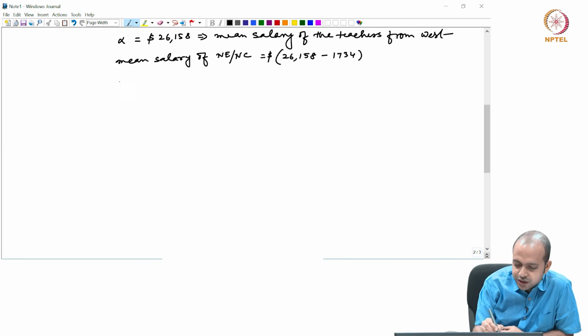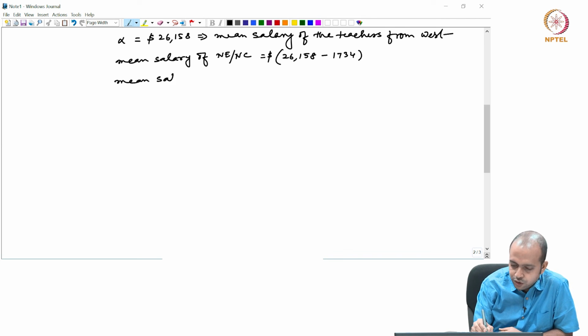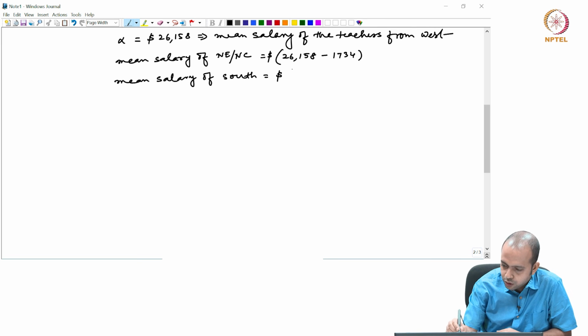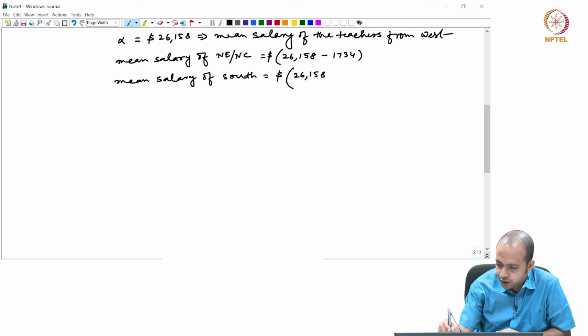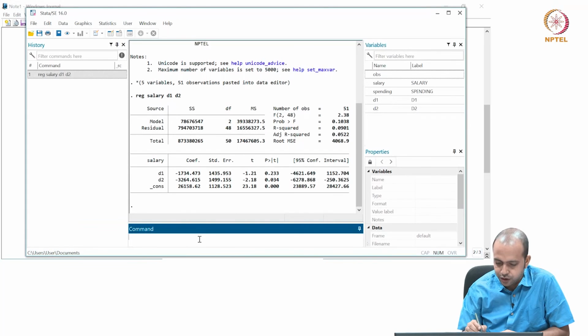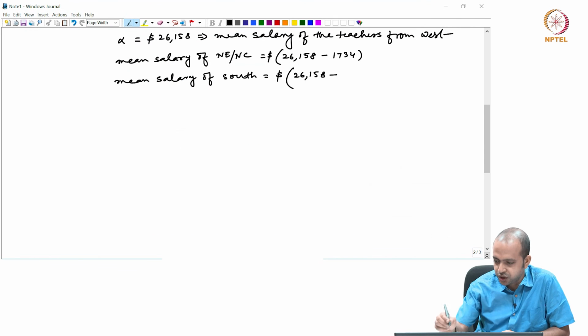Okay, and what is the mean salary of the South? It equals 26,150 minus, what is the value? The value is 3,264, roughly.